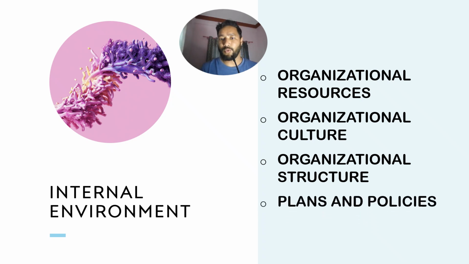Another component within internal environment is plans and policies. Plan is related with defining organizational goals, and it also includes defining the policies, how to achieve those goals. So these four components are under the term internal environment.